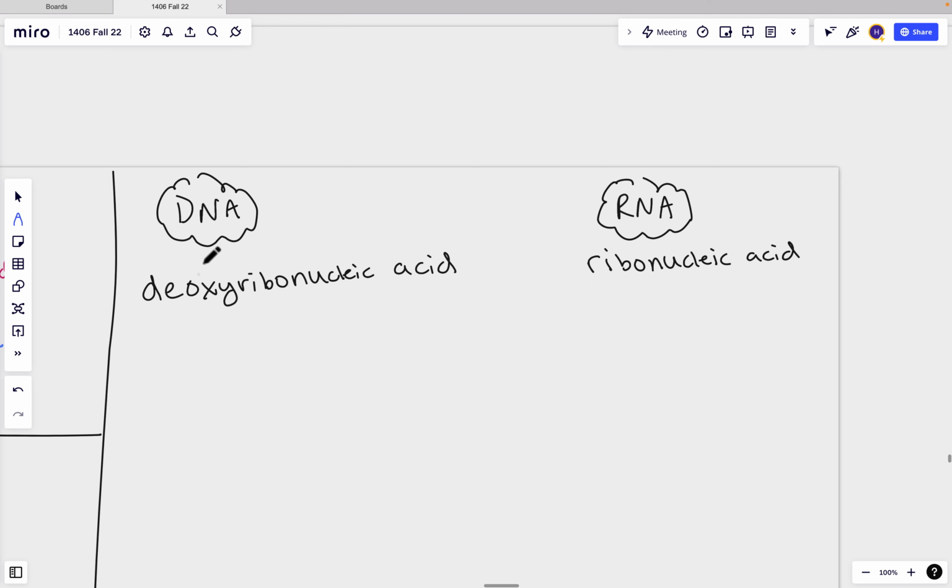So where do these words come from? Deoxyribonucleic acid is where DNA comes from, and ribonucleic acid is RNA. Deoxy is referring to without oxygen. So this one has 1 less oxygen than the ribonucleic acid.